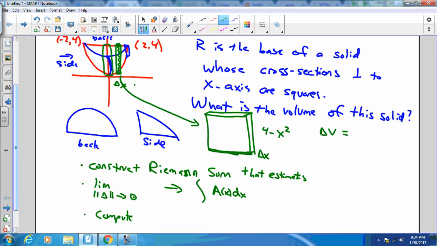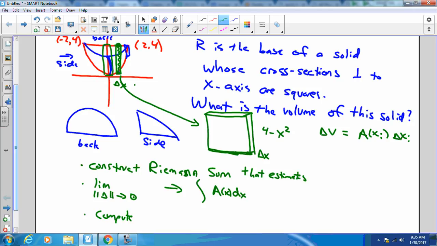And so the one small piece of volume that we get from this guy right here is equal to the area times the thickness. And this is the key. Because I have chosen my cross-sections to be prisms, therefore, a prism is a constant cross-section multiplied through a height.